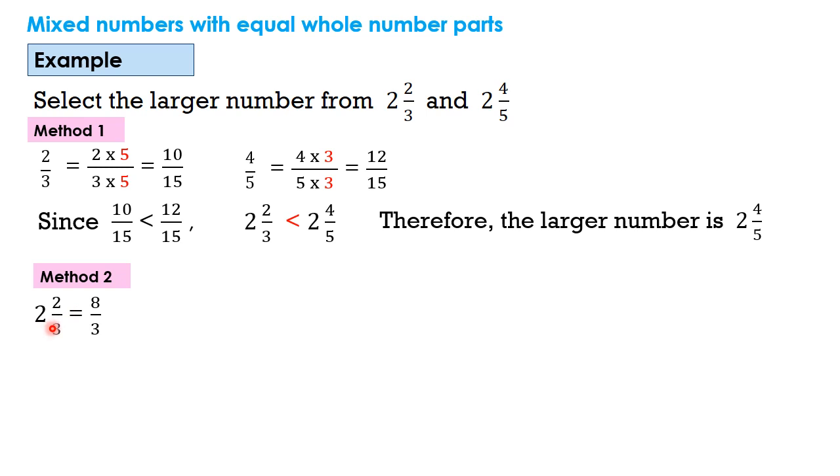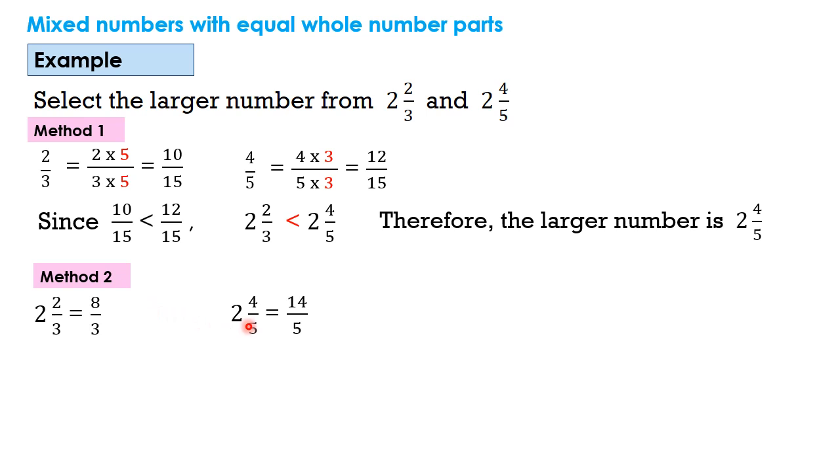In this method, we convert the given mixed numbers into improper fractions. Students, you know how to convert mixed numbers into improper fractions. 2 times 3, 6. 6 plus 2, 8. 8/3. The second mixed number: 2 times 5, 10. 10 plus 4, 14/5.